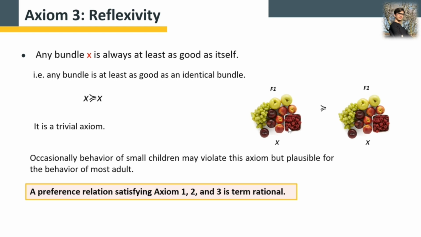So a consumer can be called a rational consumer if he satisfies the axiom of completeness, the axiom of transitivity, and the axiom of reflexivity. These three are the rationality axioms. Now let's cover some other axioms which are needed in order to have a well-behaved preference relation.